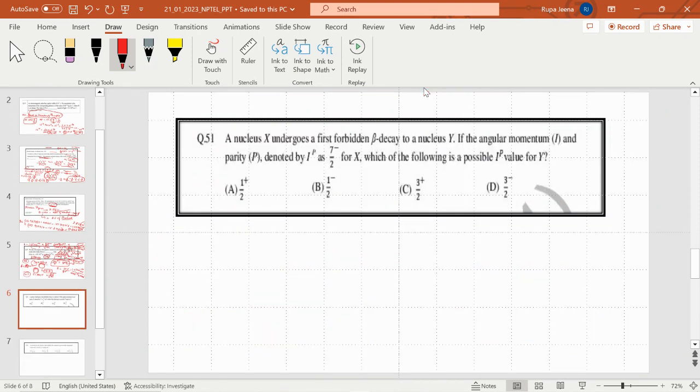Now next question. Do this question. Again I will give you a hint for this. It is first forbidden beta decay. First forbidden.